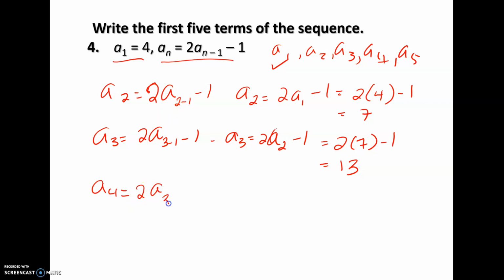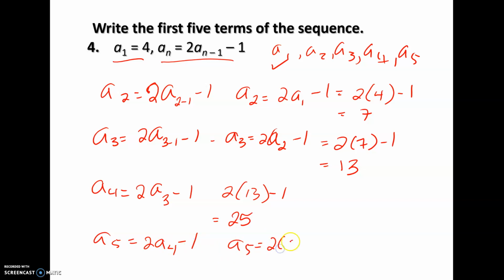It's just going to be 2 times a sub 3 minus 1. So that's going to be 2 times 13 minus 1, which ends up being 26 minus 1, 25. A sub 5 is equal to 2 times a sub 4 minus 1. So a sub 5 is equal to 2 times 25 minus 1, and that's 49.